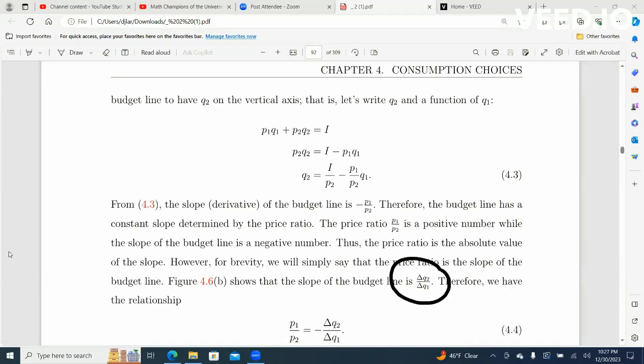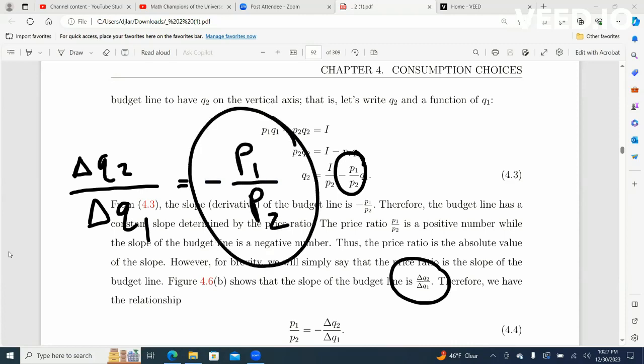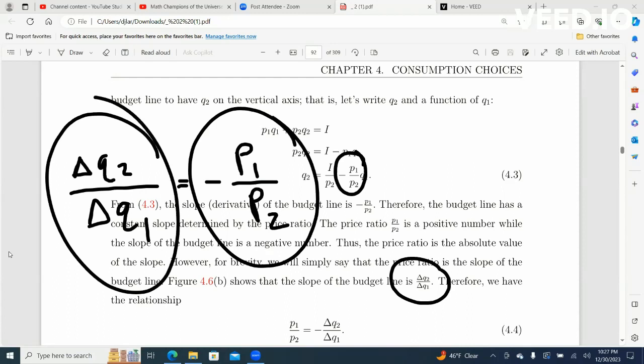We don't need that there. That's the slope. They have little understandings that just don't come up in the homework. If P1 and P2 are positive, then this entire thing is negative and the slope is always negative. They have things like that that are obvious and meaningless.